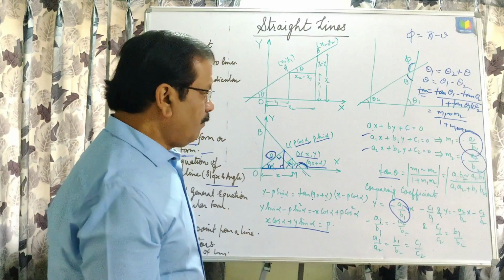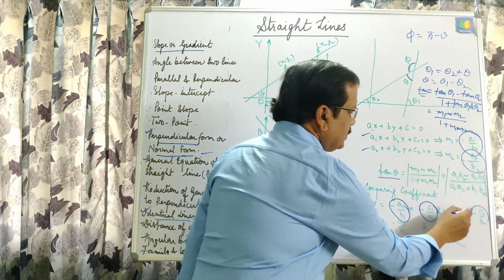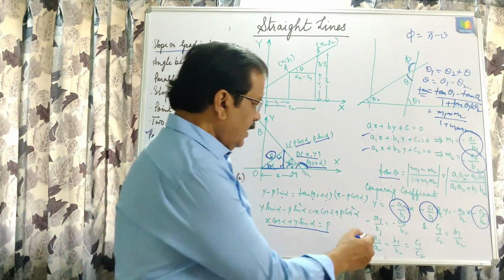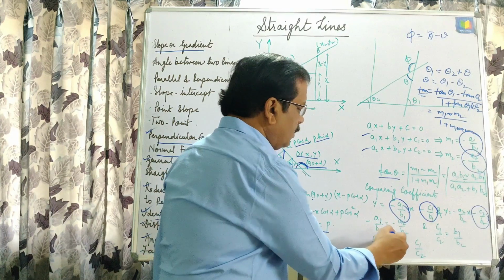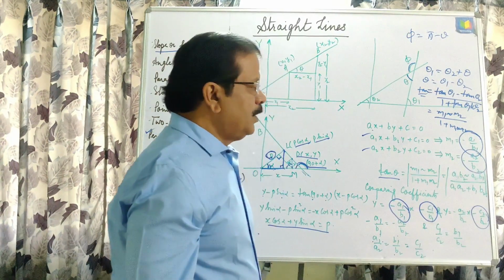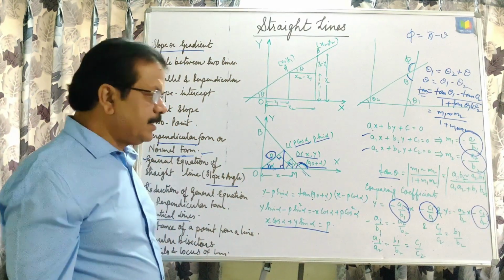In the same way, the y-intercepts are -c1/b1 and -c2/b2. Comparing these two also, we get a1/a2 = b1/b2 = c1/c2. This is the condition for the lines to be identical.